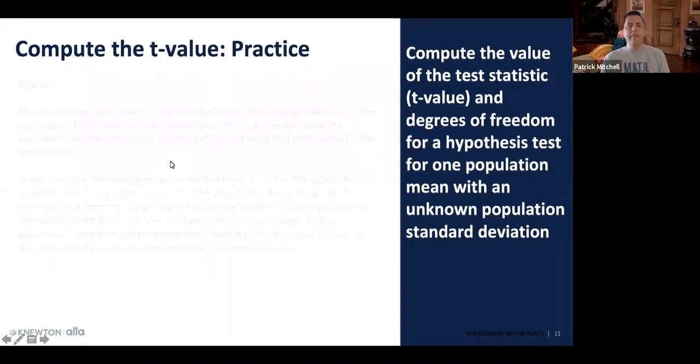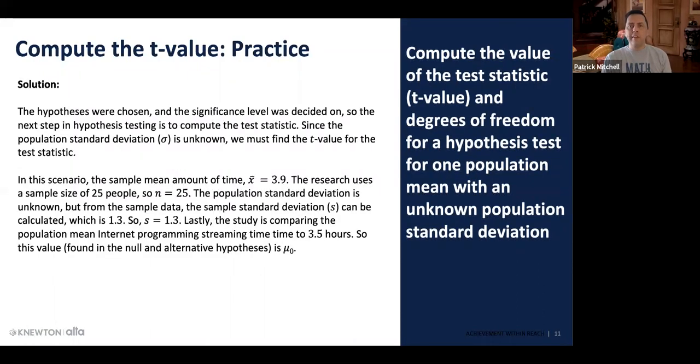Okay, so the hypotheses were chosen, the significance level was decided on, so the next step is to compute the test statistic. And that's going to be a t-value because the population standard deviation is unknown. In this scenario, the sample mean amount of time, X bar, is 3.9. The researcher uses a sample size of 25 people. So n equals 25.